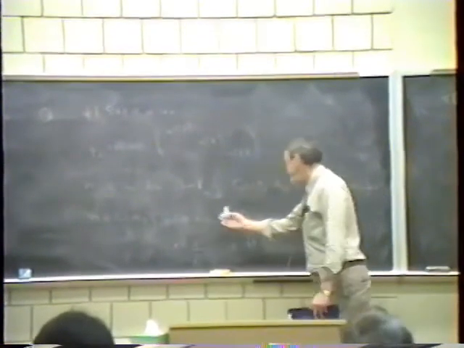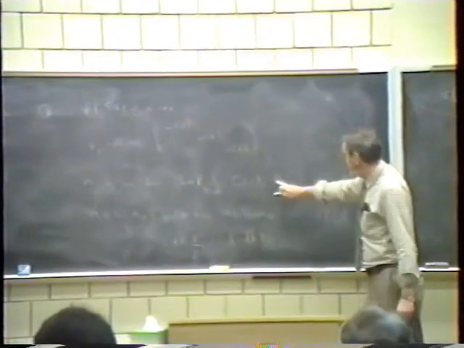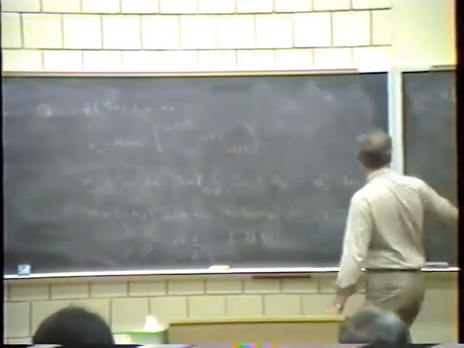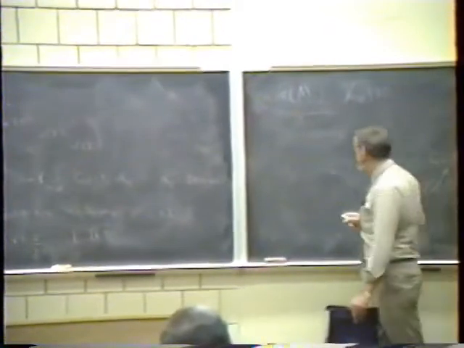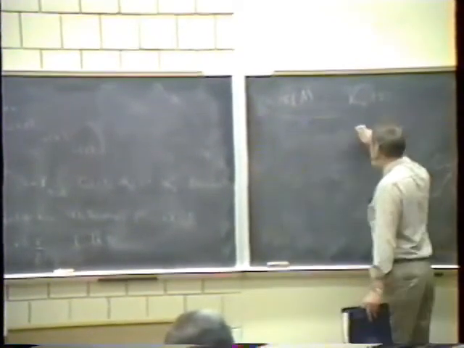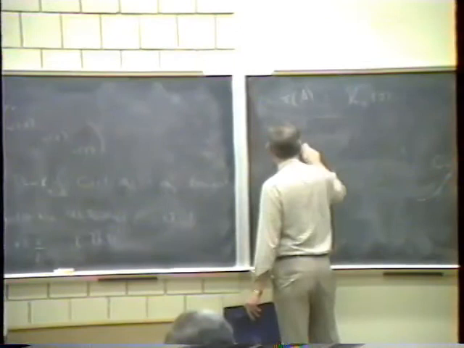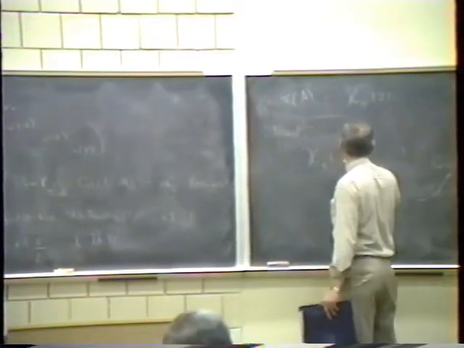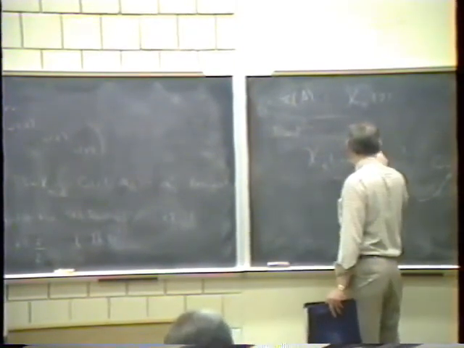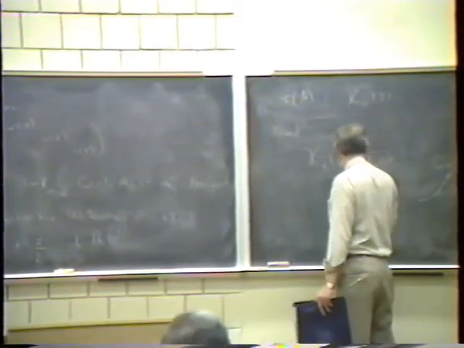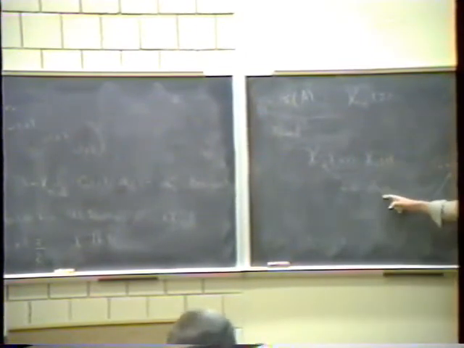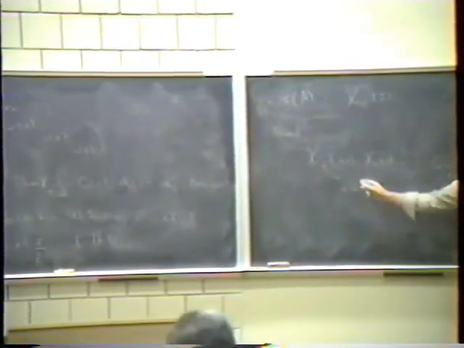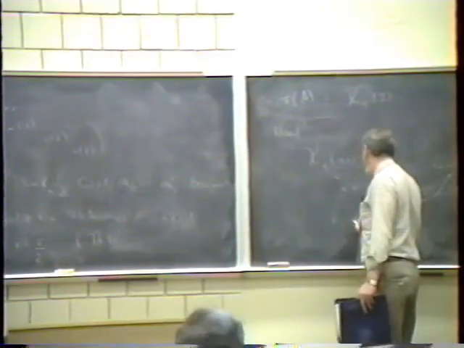I don't have a character defined on this group, I have a character defined on this group, so it has to be something evaluated at C, so I could say at Z, I could say chi sub alpha of Z. But then, in order for this to make sense, I need chi sub alpha of AZ equal to chi sub alpha of Z for any A in A sub F. So for an idele in F, I need chi sub alpha of A to be equal to 1.